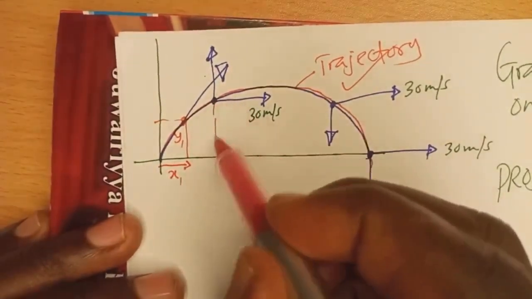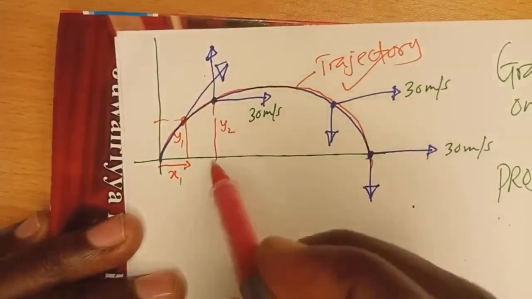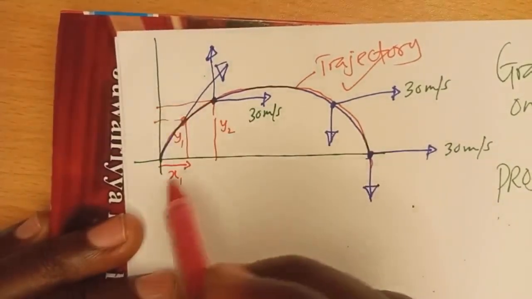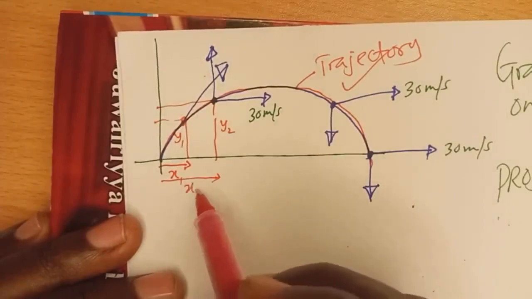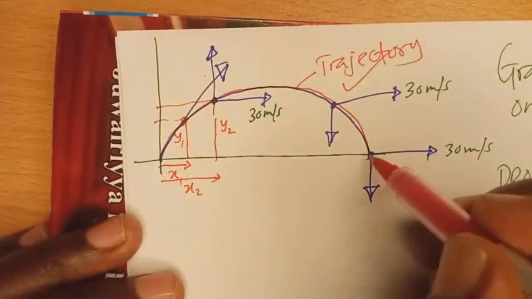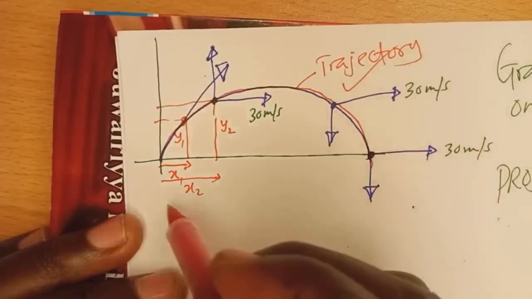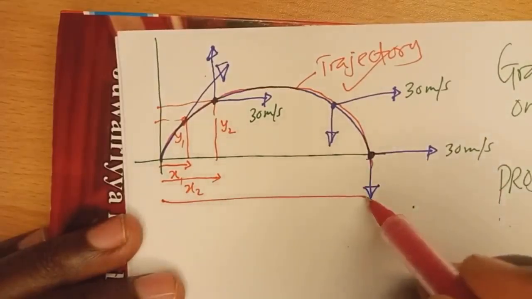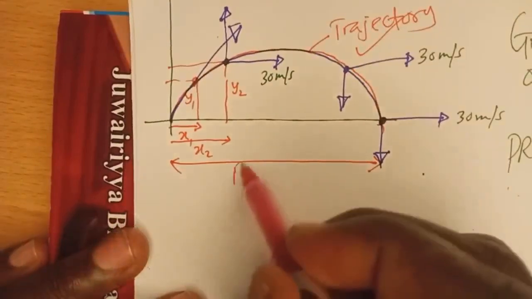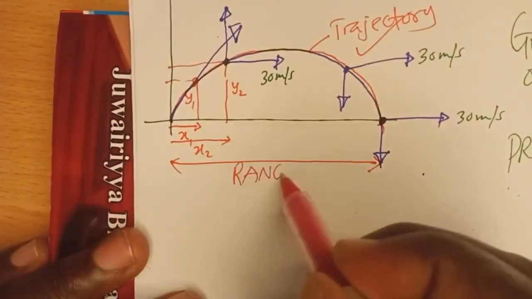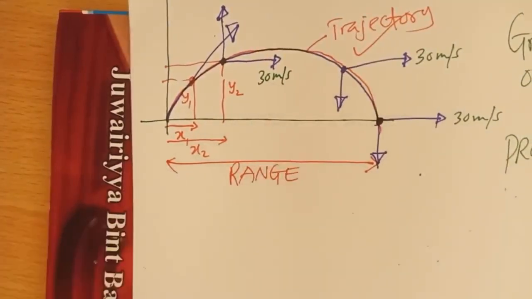When it is here, you have again y2, the vertical distance, and then it has horizontal distance from here to here, and you can call this x2, and on and on. When the journey ended, then you have the greatest horizontal distance. This maximum horizontal distance has a name, and that name is range. Don't forget this one. Range is the maximum horizontal distance covered by a projectile.